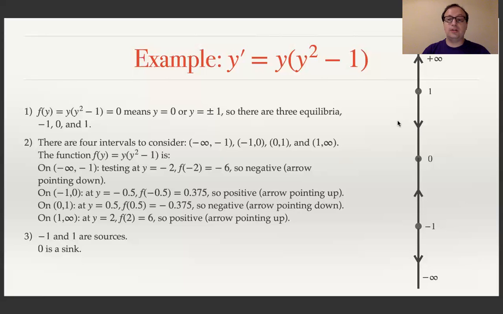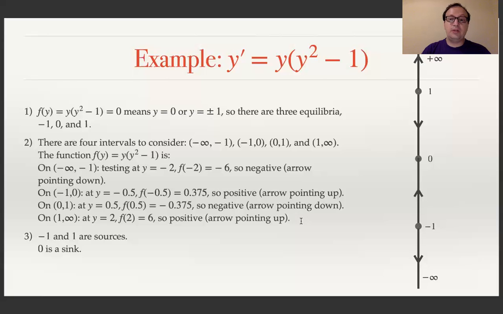And on the last interval, between 1 and infinity, it's a positive value, so it's an upward pointing arrow. And again, now the phase diagram is complete, and this almost completely describes the behavior of all solutions to the equation.